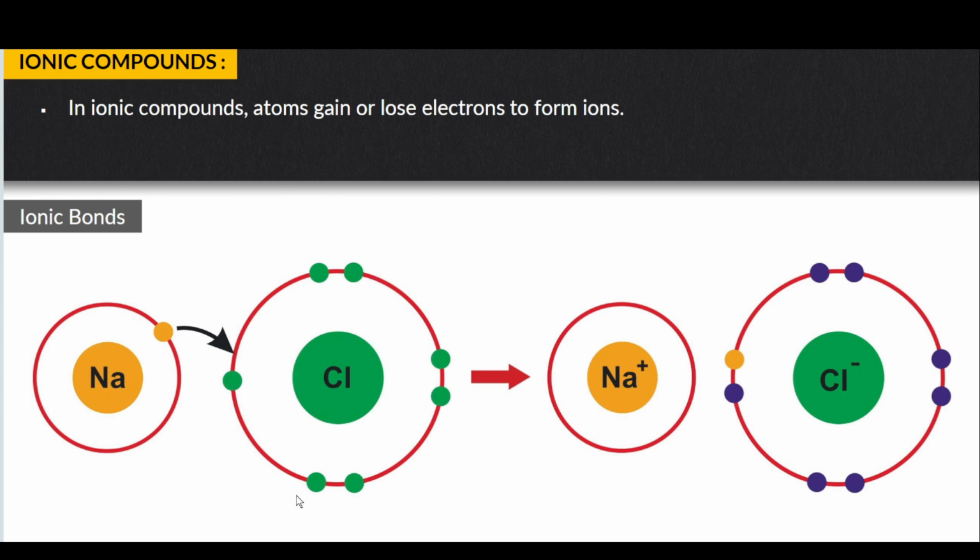Now we know an atom wants its shell to be completely filled. So chlorine is having seven, right? And we know atoms should have eight in the second shell to be stable, right? So seven it is having already.